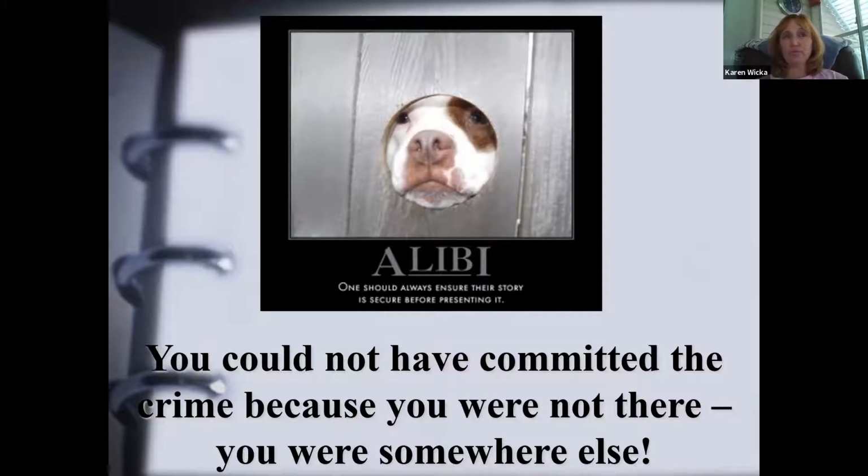If you had to prove where you were yesterday at 2 p.m. in the afternoon, what evidence would you use at trial to prove where you were? So maybe it's a receipt from a store, maybe it's a videotape, maybe it's a witness. So you, as that defense, would have to prove why you were not where they say you were. Okay, so that's one where you don't admit that you actually did it.